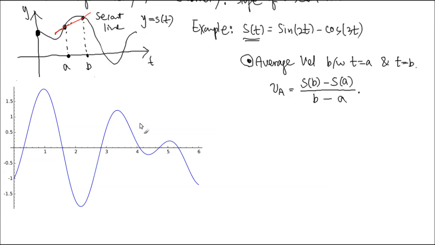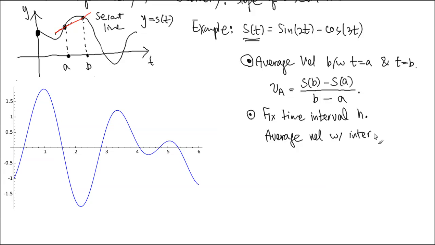So the next thing is exactly the same thing, but in a different context. We're going to fix the time interval h to be something. Fix the time interval, just like the problem you did in 7 or 8: time interval h, and compute the average velocity with the time interval h at time t equals a, right?